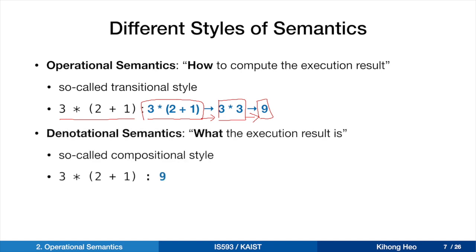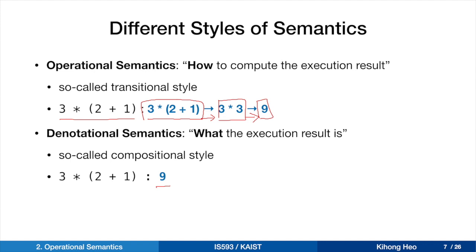Another style of formalization is called denotational semantics, which has a slightly different perspective of programs. Here we focus on what the ultimate execution result is rather than the operation or transition of machine state. With the same example, this style of semantics does not care how the expression is computed, but only takes care of the ultimate result, which is 9.